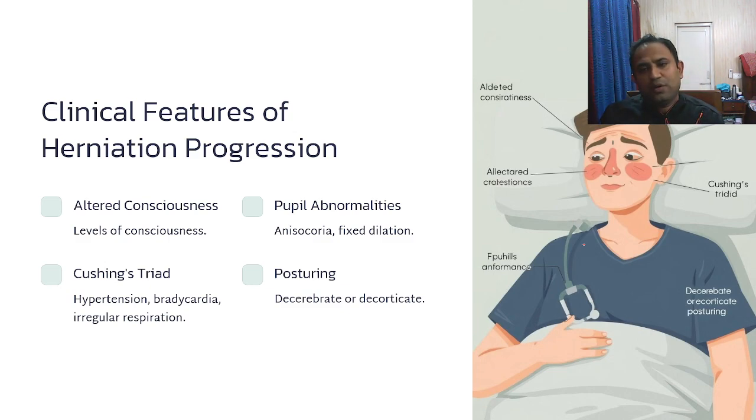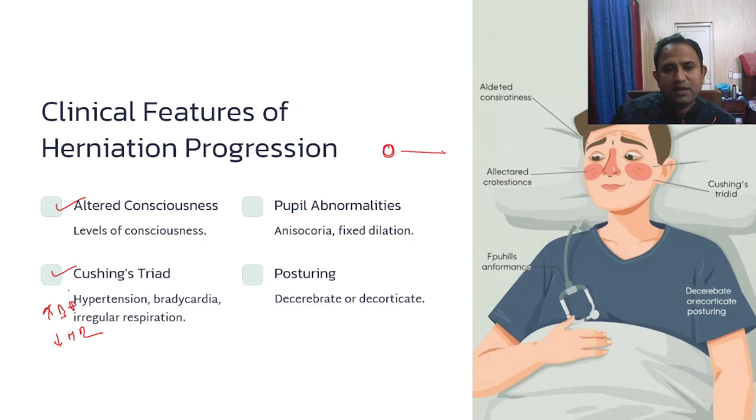So how do you monitor such patients, and how does a herniation progress? Herniation progresses by alteration of consciousness, the Cushing triad, in which there is an increase of BP and decrease of heart rate. Initially the pupils will become anisochoric: the ipsilateral pupil will dilate, and then subsequently the contralateral pupil will dilate.